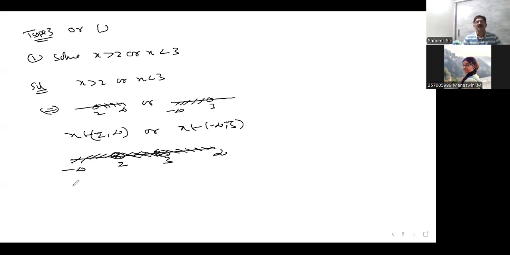So with this "or", wherever that shaded region is, all of that we are supposed to count. Clear? Or you can say like this also, x belongs to R, people say.